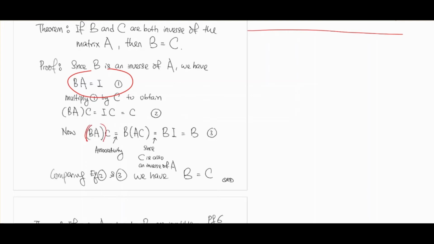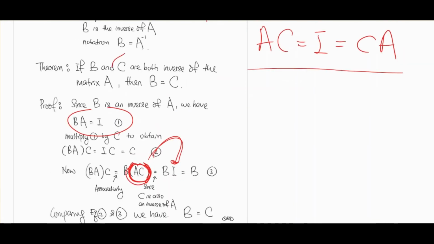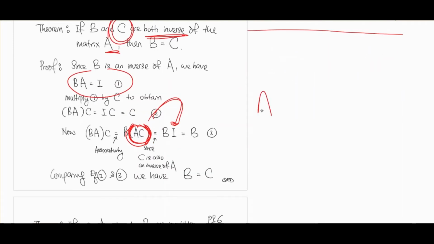So instead of doing this bracket, I am going to do this operation first. And AC is an identity matrix. You know why AC is an identity matrix? Because the hypothesis says that C is an inverse of A. So C being an inverse of A means that AC is I, which equals CA.